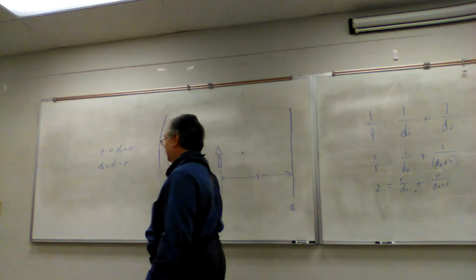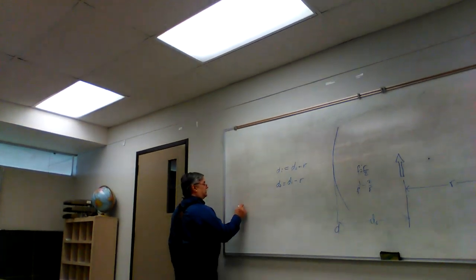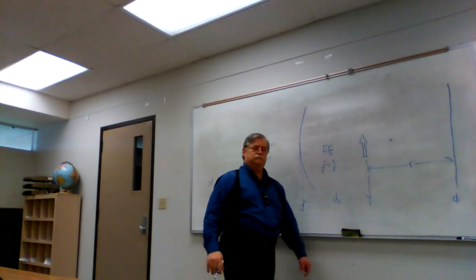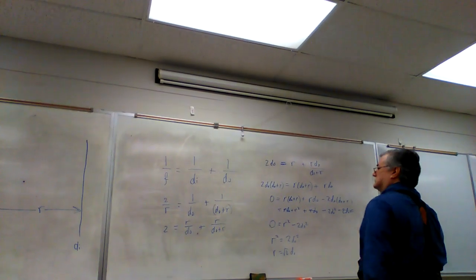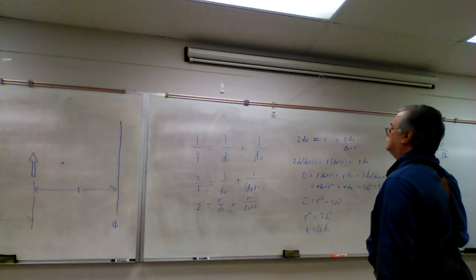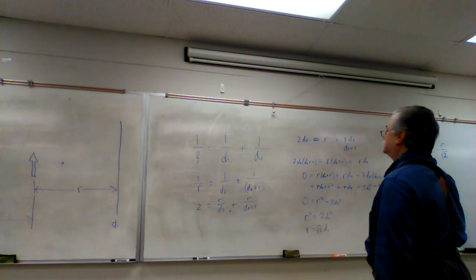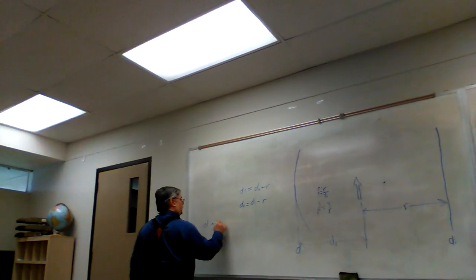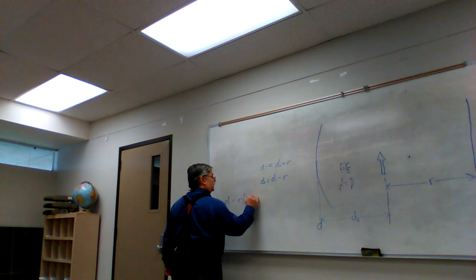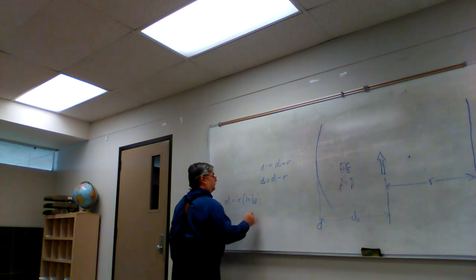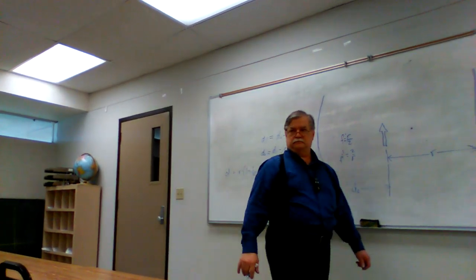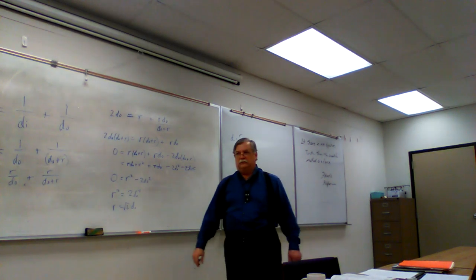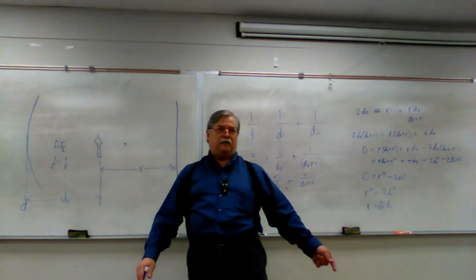Because if you do that, what you end up with is d sub I is equal to r times 1 plus 1 over the square root of 2, or 1.707.